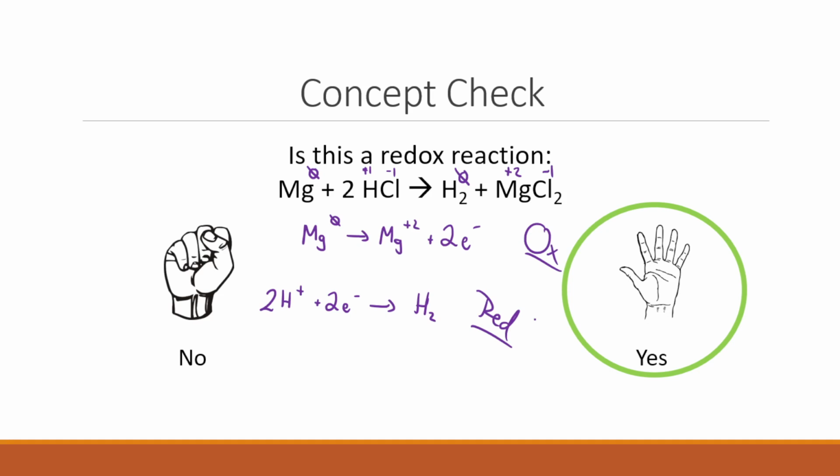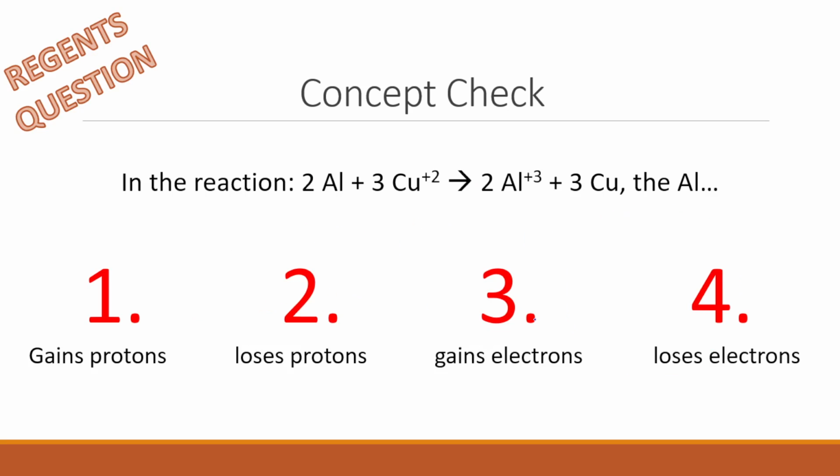Let's look at a Regents practice problem, worded a little bit differently. What happens to the aluminum? Keep in mind they're saying specifically Al, so what happens to this Al in this reaction?